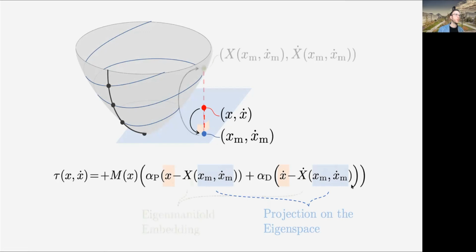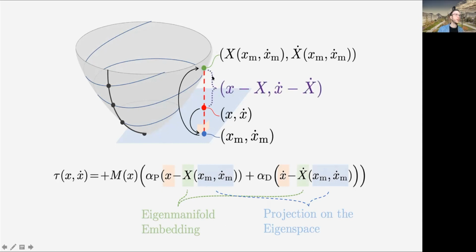And then we use these two big X and big X dot functions, which I don't have time to discuss here but which always exist, to map back from the eigenspace to the manifold. And then the difference is going to be this vector here, this distance between these two points.